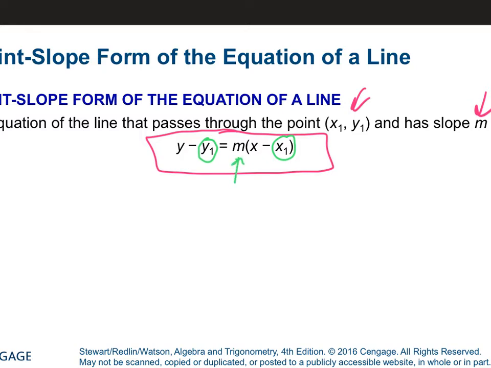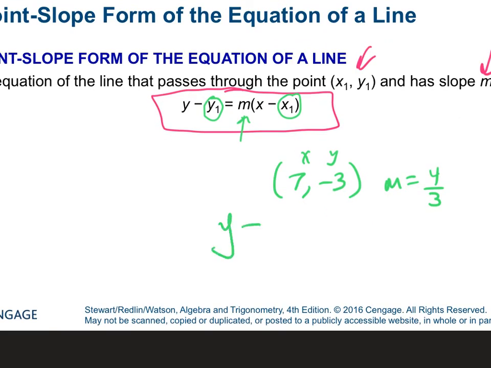If they want it in y-intercept or y equals mx plus b, then you would manipulate it around for it to be y equals. But if they say, here's a point, like just say, I don't know, 7, -3 with a slope of 4/3. If you were to write the equation in point slope form, this is my x, this is my y, I would say y minus y1, which is -3, equals m, which is 4/3, times x minus whatever the x is they gave me, 7.